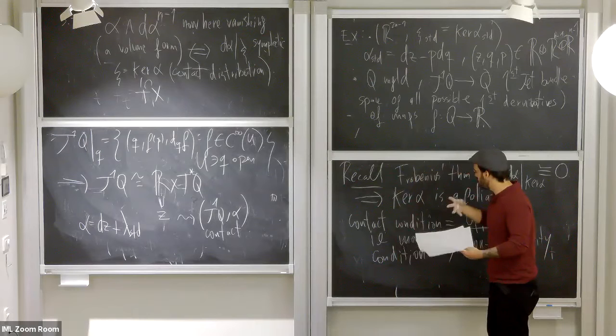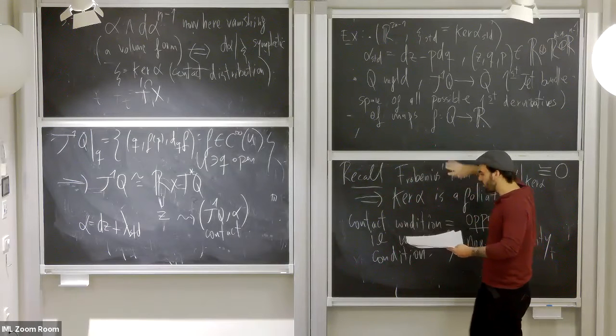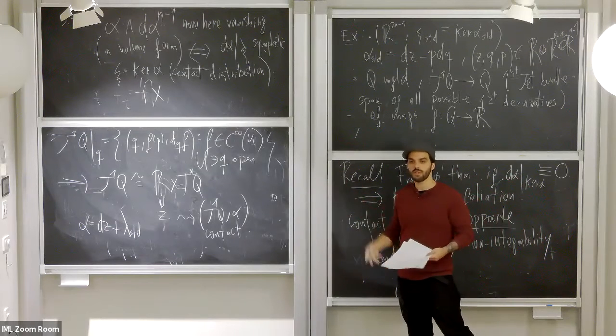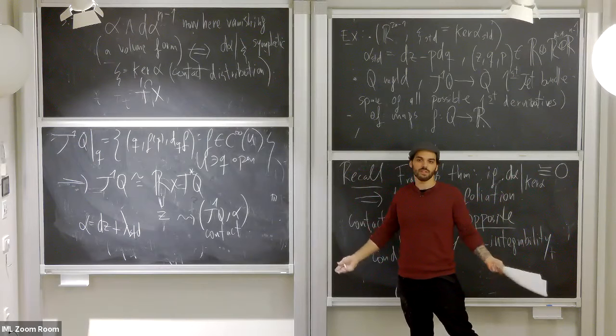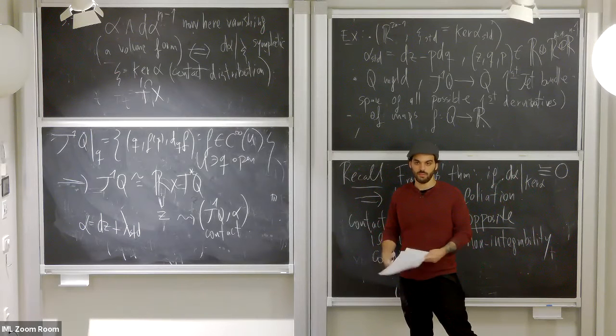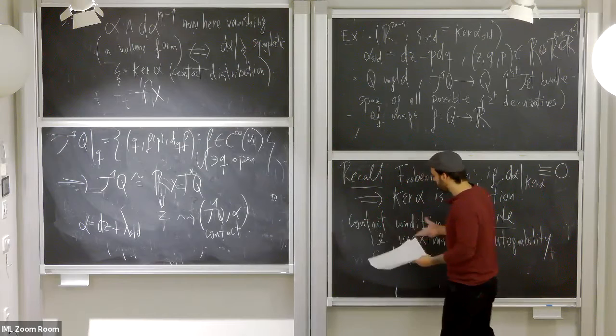The hyperplane distribution needs to twist enough such that you can actually not find integral manifolds to this distribution, intuitively speaking.